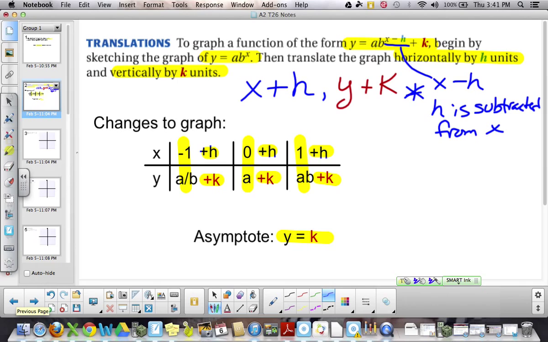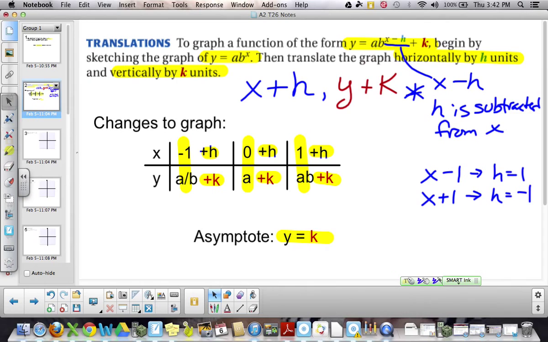What that means is when we see it in the actual equation, h is always going to have the opposite sign of what's shown. So if I see x minus 1, that means that h is equal to positive 1. If I see x plus 1, then that means that h is equal to negative 1, because it's what's subtracted from x.